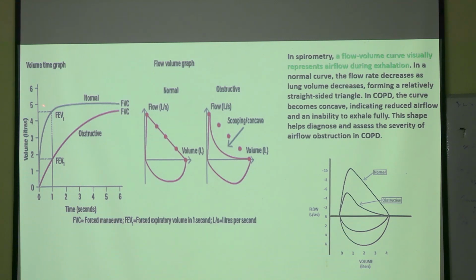The FVC value for healthy subjects is around 5 liters, right? And if you see the forced expiratory volume in the very first second for healthy subjects, it is around 4.8 liters, right?